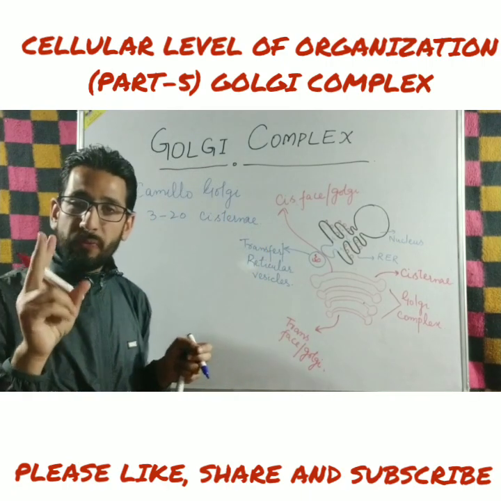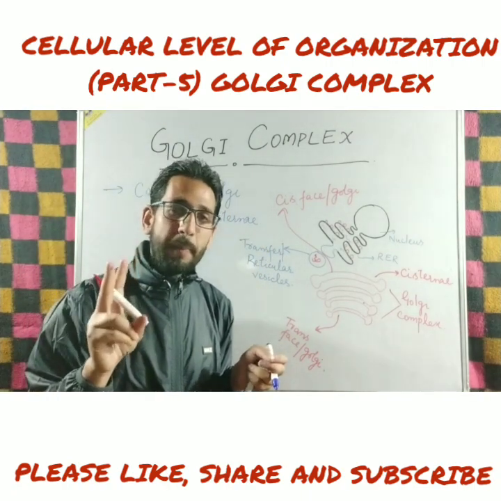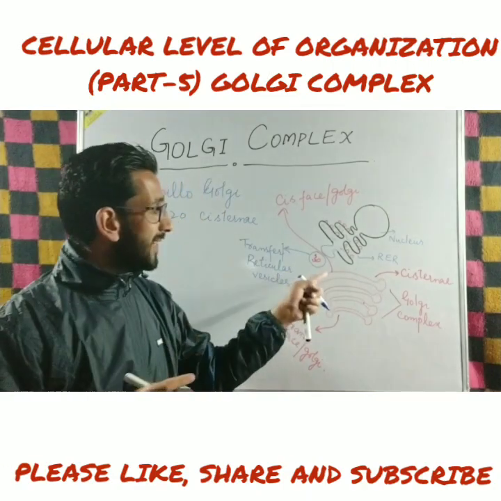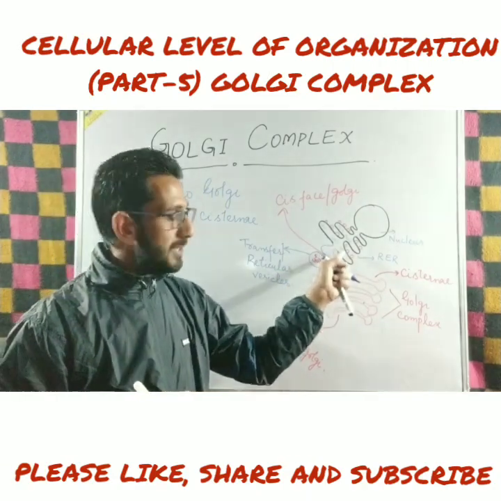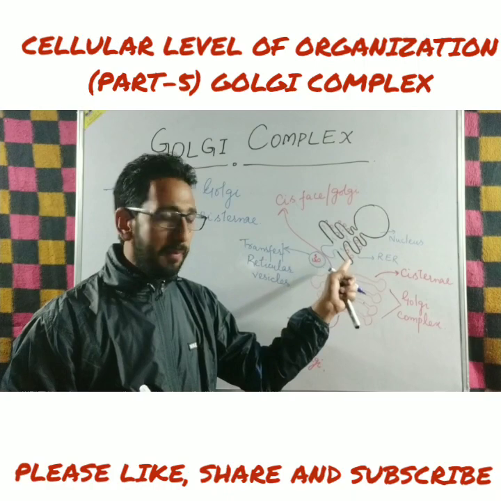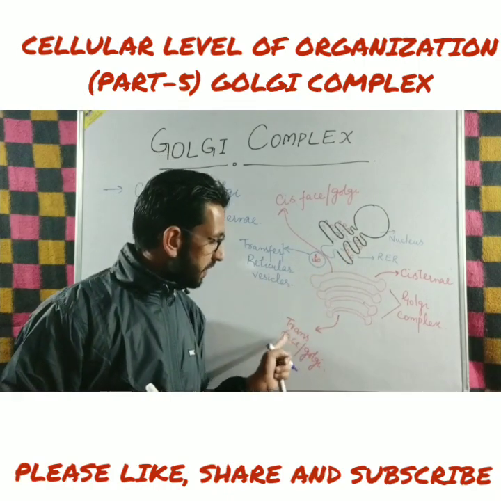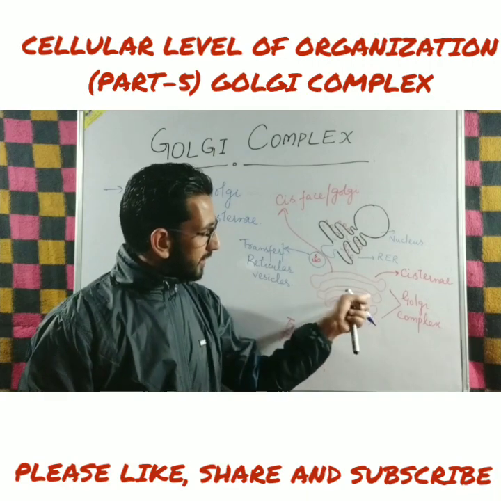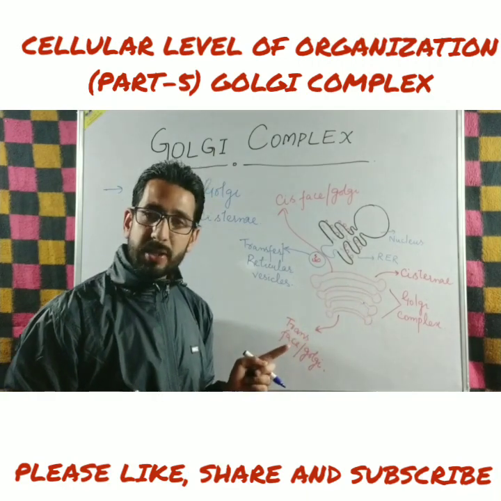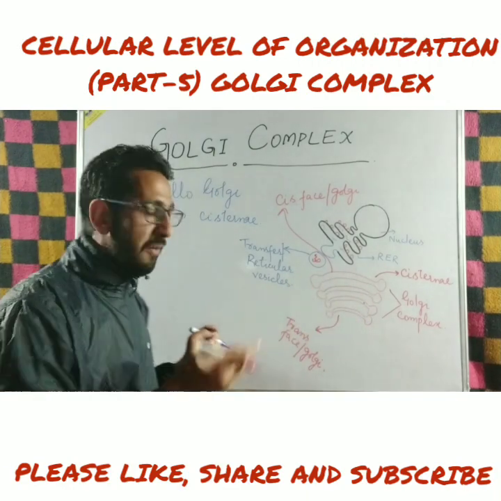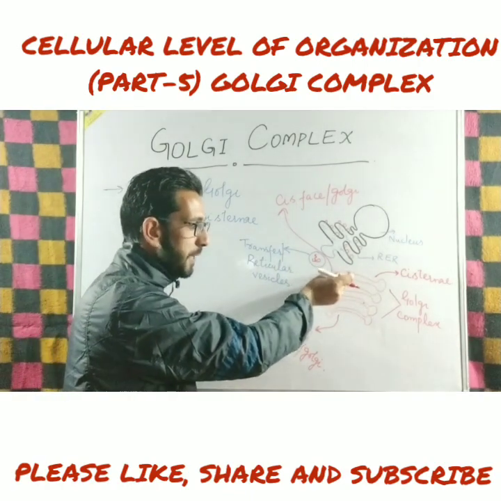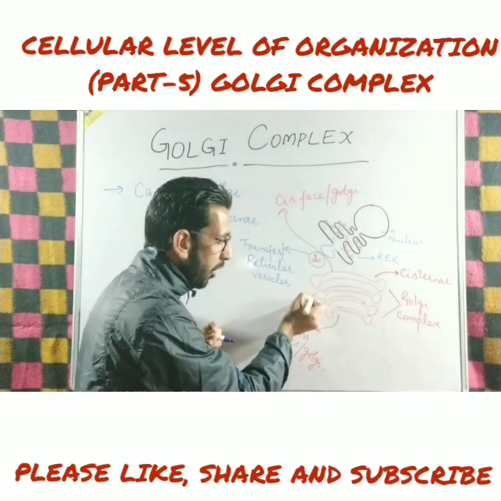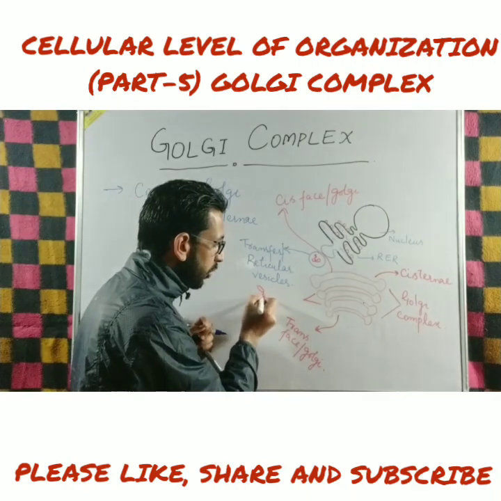Fine. So we have seen that Golgi complex has 2 ends. One is cis phase, which is towards the rough endoplasmic reticulum, and one is the trans phase, which is towards the cell membrane. And all these flattened structures, all these cisternae, which lie in between the cis phase and trans phase, are called as intermediate Golgi.